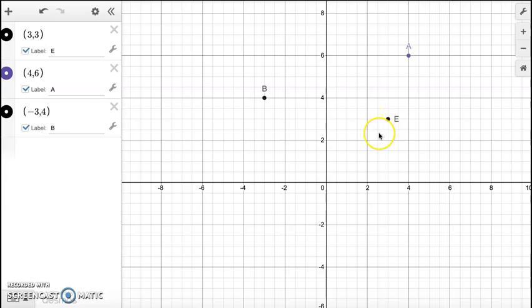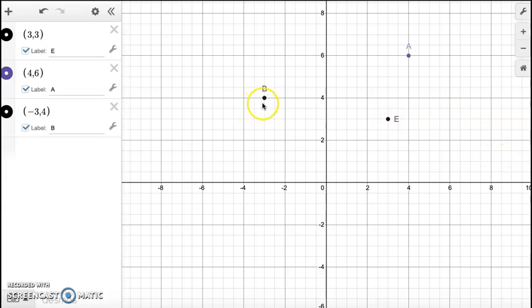Now, in order for this to be a parallelogram, E has to be the midpoint of the diagonals. So I'm giving this as one of my endpoints, and this is halfway for this diagonal. They would have the same slope going from here to here as from here to the other end.